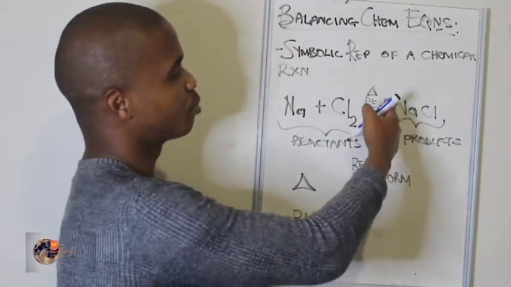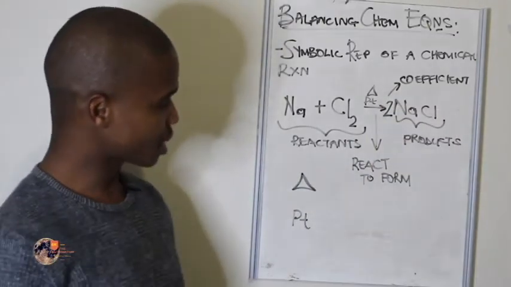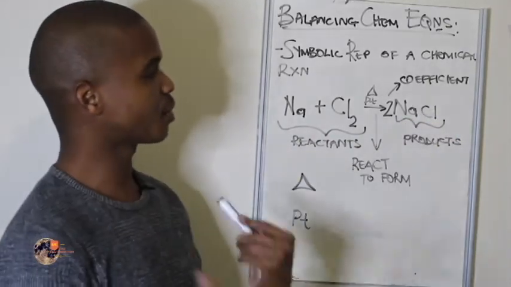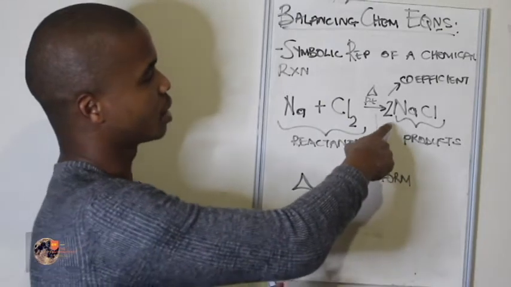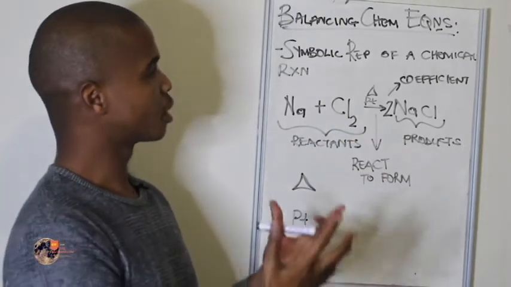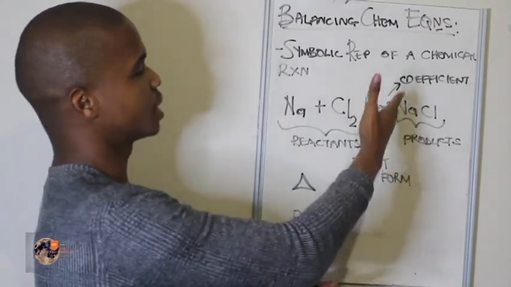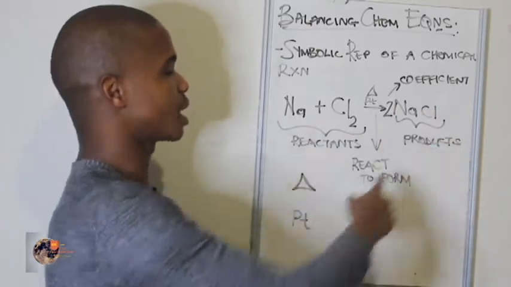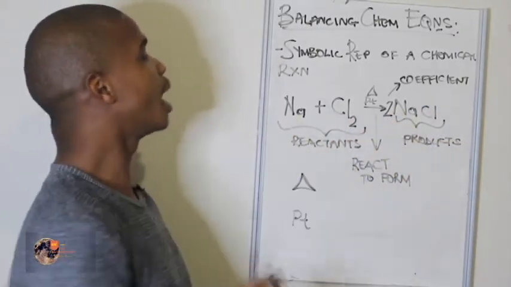So I put a coefficient next to my substance there. I can't manipulate the subscripts. To balance these equations, I have to use the system of putting coefficients next to each compound. But now, since I've put this coefficient here, it means it multiplies everything that's here, and this is 2 sodiums now, and here I have 1.